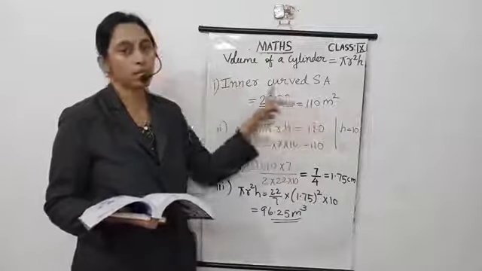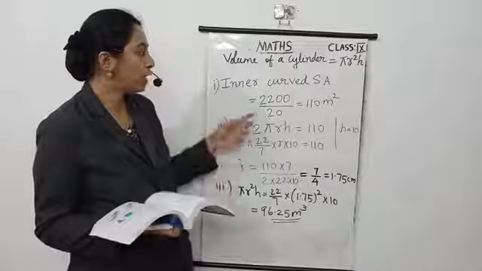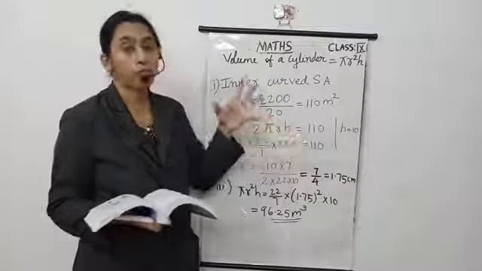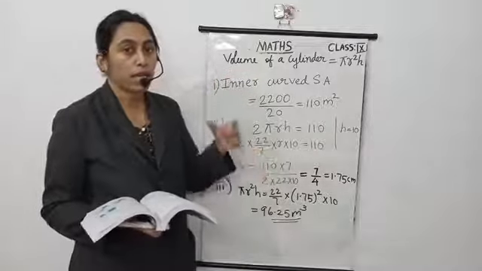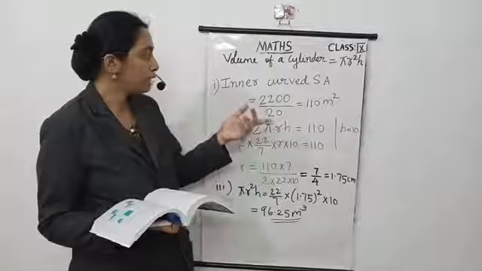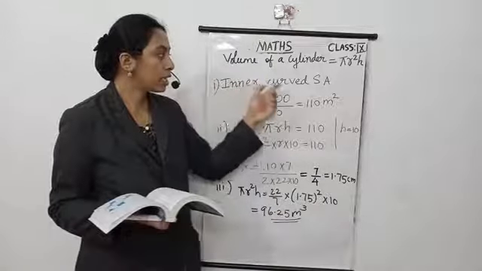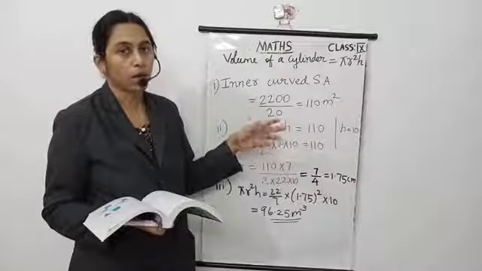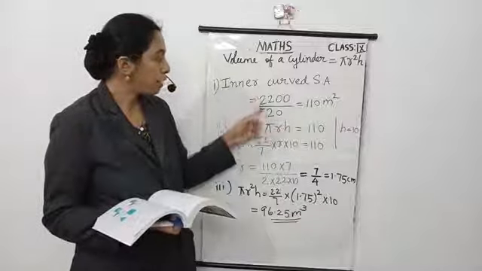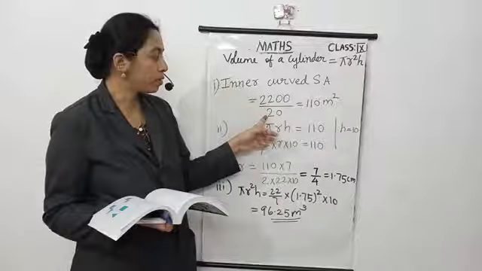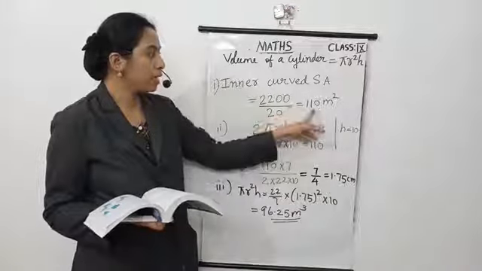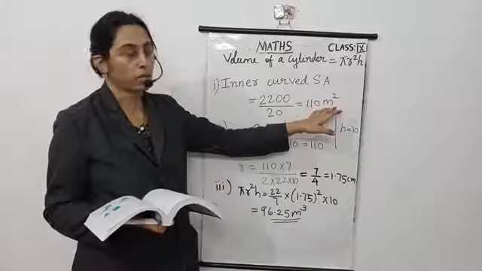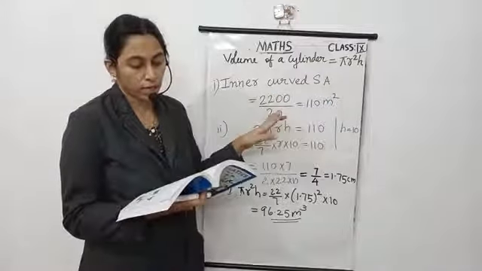We get the inner curved surface area, because earlier, when finding the total cost, we multiplied the inner curved surface area with the cost per meter square. Here we divide the total cost by the cost per meter square and we get the inner surface area. So this is 110 meter square. So we get the first question's answer.